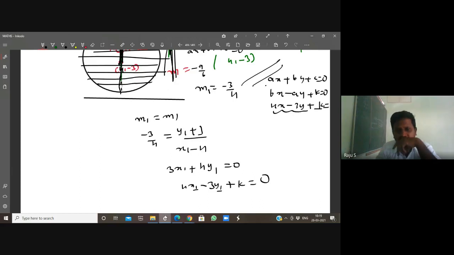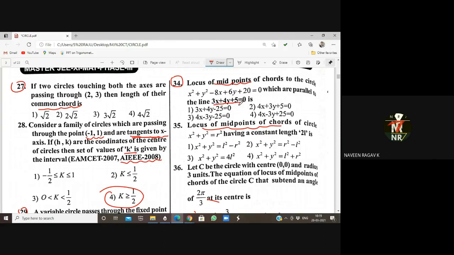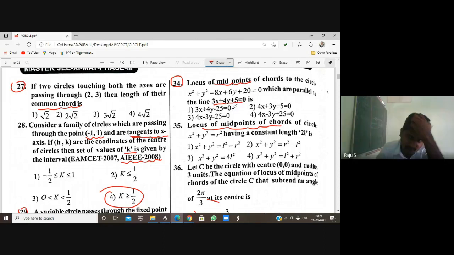What is the k value you are going to get here? 25. So minus 25. Okay, so once check.